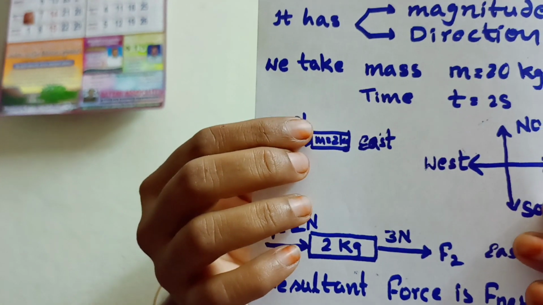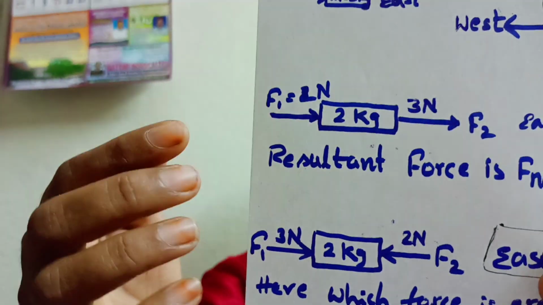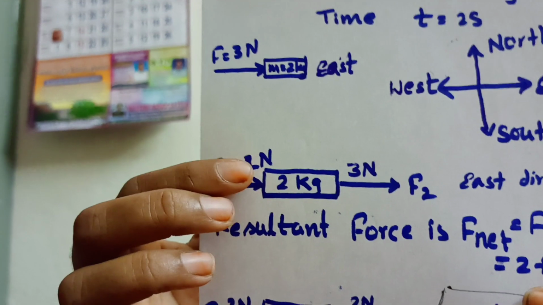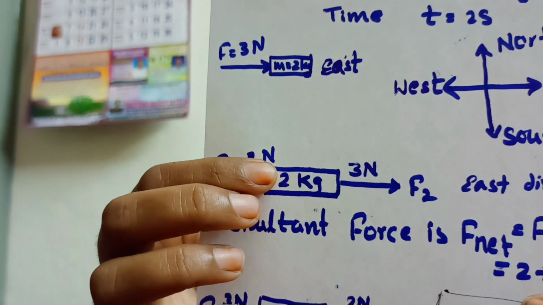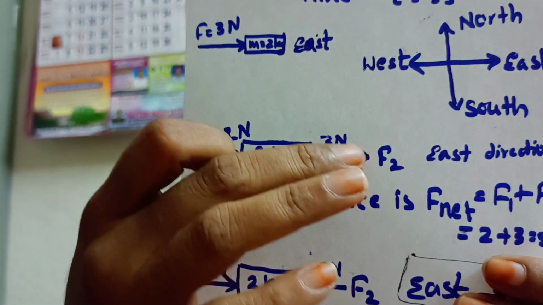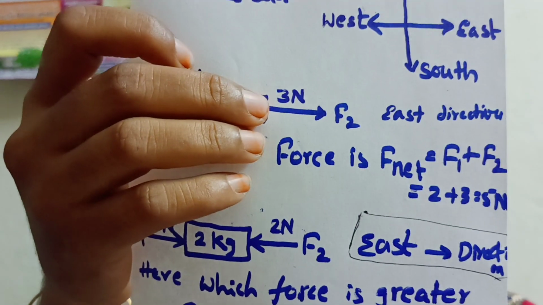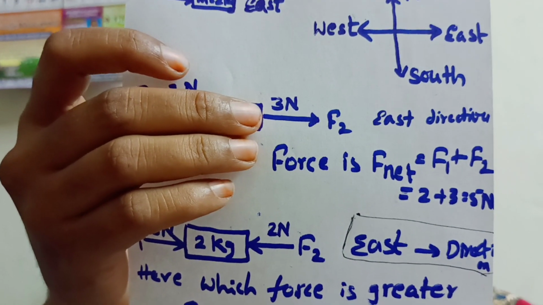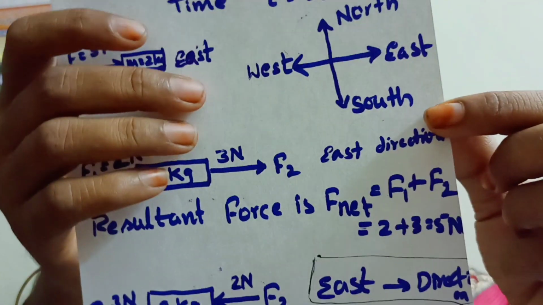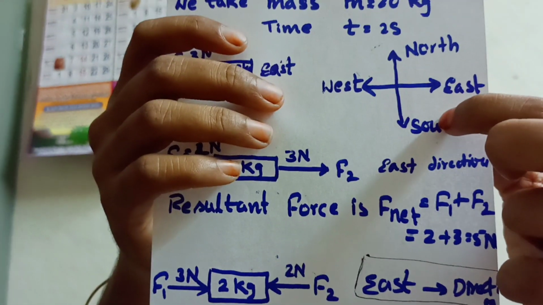In the second picture also, F1 is 3 newtons applied force, in the same direction F2 applied force is 2 newtons. We observed earth directions: east, west, north, south.